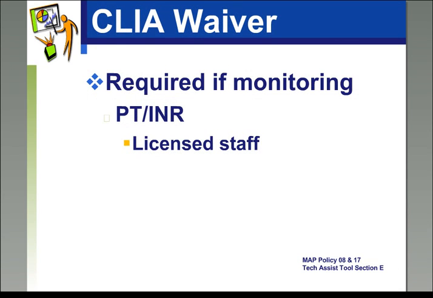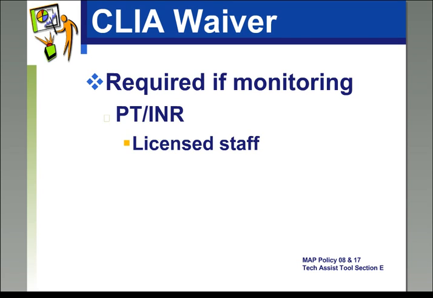There is no MAP policy regarding PT-INR testing. If you support an individual who receives a blood thinner, such as Coumadin, you may be very familiar with the testing process. This type of test is usually handled through a Coumadin clinic. Please note that if PT-INR self-testing is managed in your program, it may not be done by MAP-certified staff.